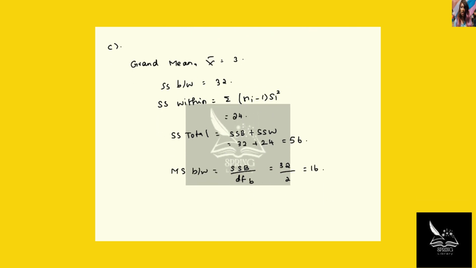And also the mean sum of square of within, which is equal to sum of square of within divided by the degrees of freedom of within. Therefore it is 24 divided by 9, we get 2.6667.